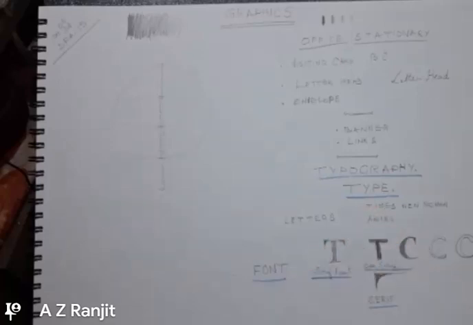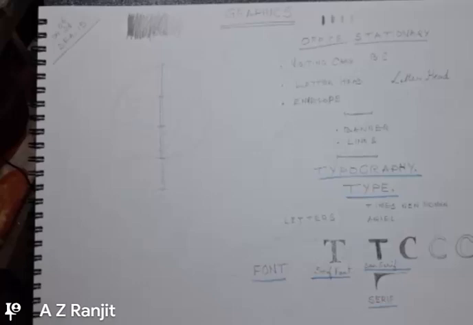So typography, you go into typography, you can do graduation just on typography. You can do post-graduation just on typography. Master of Fine Arts typography or Master of Design typography. Graduation in design typography.